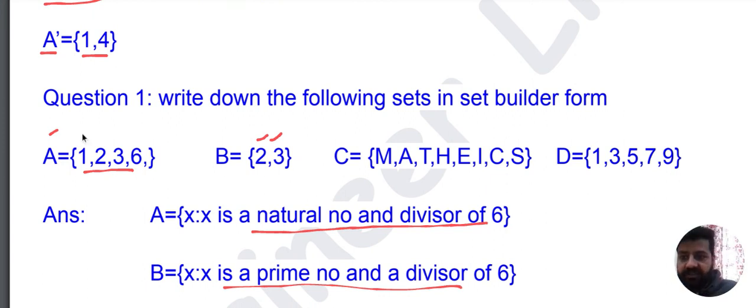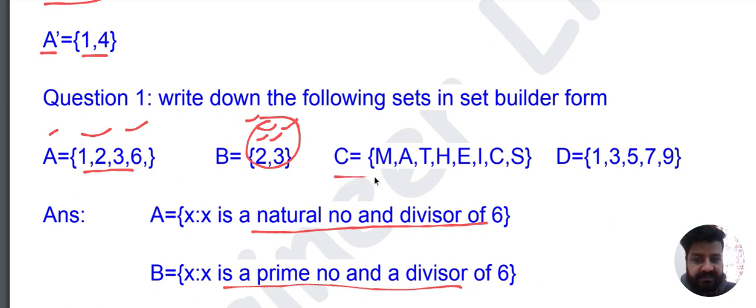In the previous set, prime and non-prime numbers were both written, but here only prime numbers are given. So the logic will be that x is a prime number, both 2 and 3 are prime, and a divisor of 6.